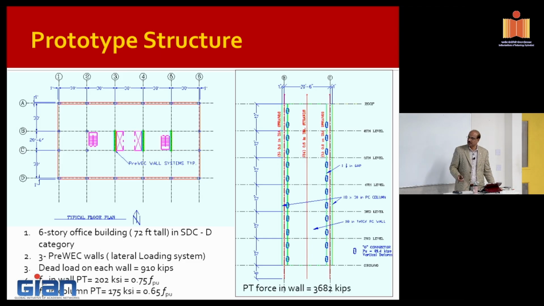So these walls, the dimension that you see, as well as the amount of post-tensioning, which I will show you more in terms of the details, are sufficient to resist the loads that were calculated for this particular seismic region.